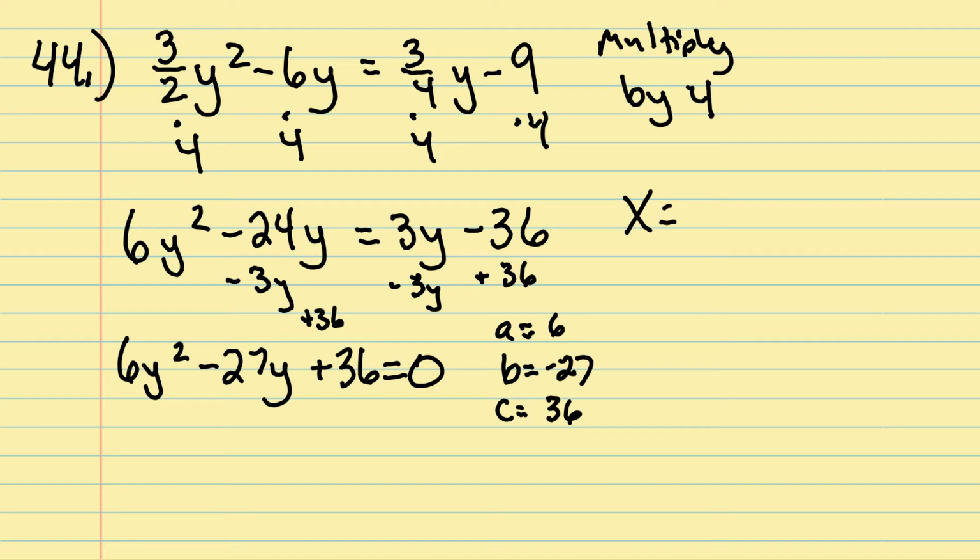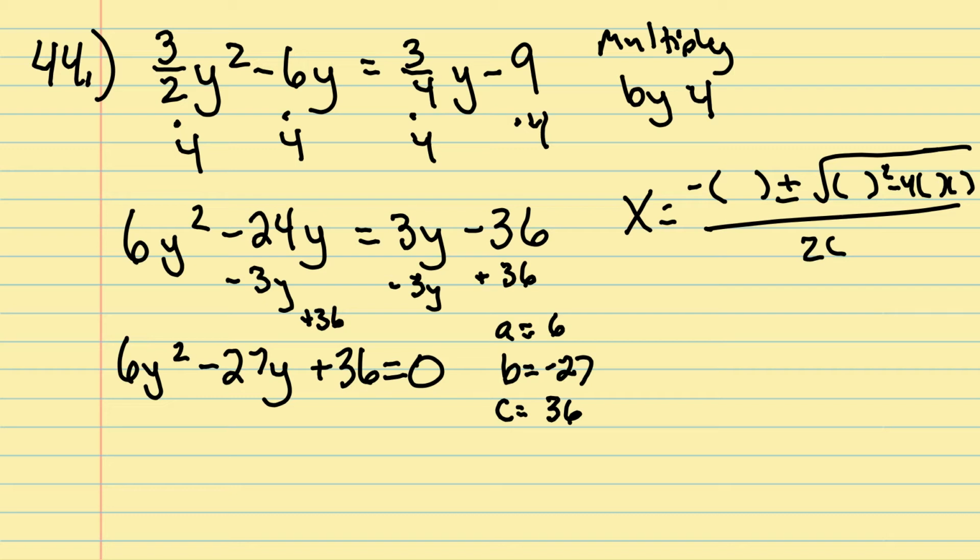X equals the opposite of b plus or minus the square root of b squared minus 4ac all over 2a. So I'm going to say the negative 27 here, negative 27 here, 6 here, 6 here, 36 here.